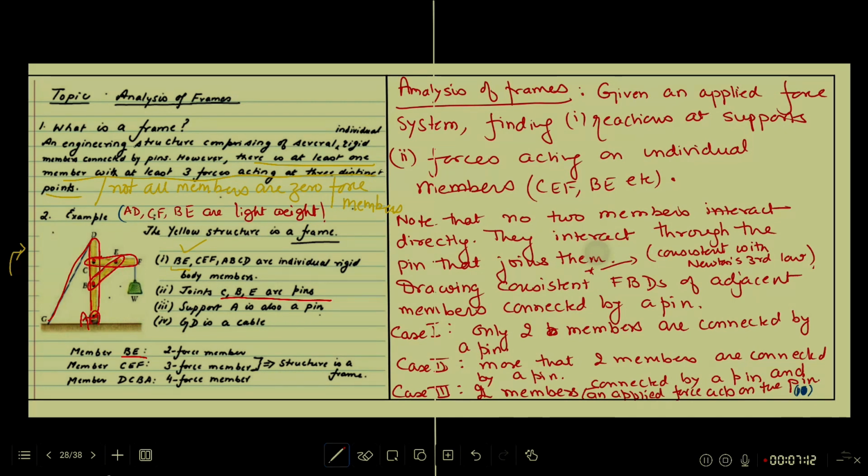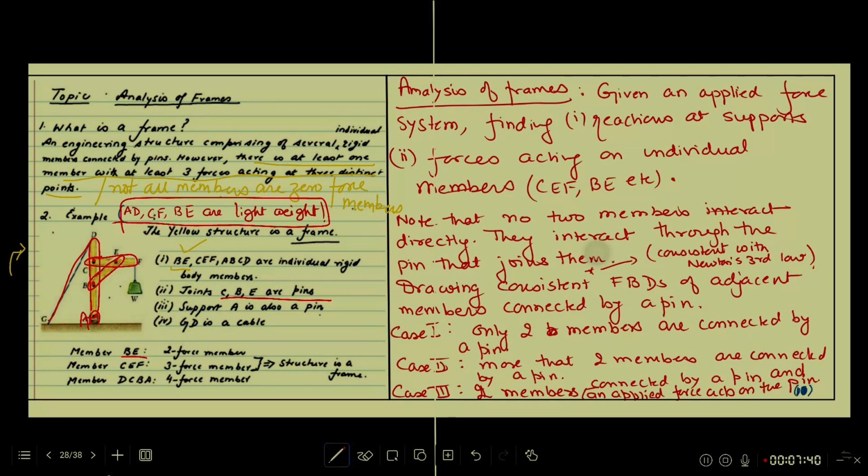Then why am I calling it a zero force member? I'm calling it a zero force member because I am working with this approximation that the self weight of all the members in a frame is negligible. Negligible to what? Negligible to the other forces that appear on these members. Compared to those other forces, the self weight is zero.